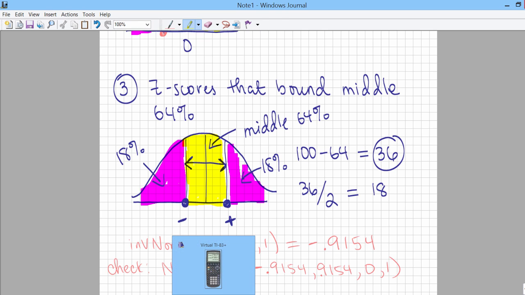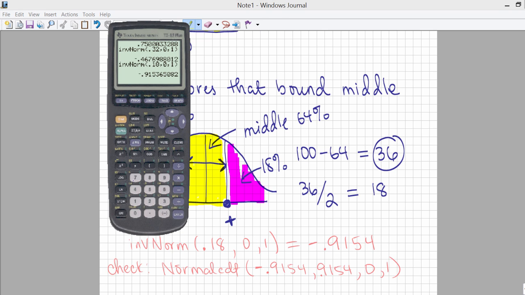Okay, we're going to go back to second variables, command 2, negative 0.9154, 0.9154.